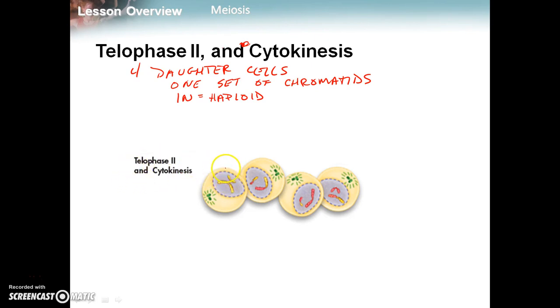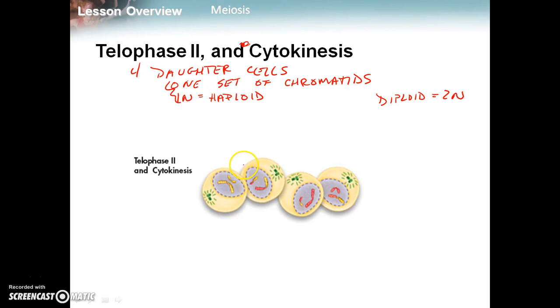Our normal cells, our body cells, are going to be something called diploid, or 2N. And that's when we have 2 sets of chromatids, one from each parent, in all of our cells. But right here we have 4 haploid cells now.